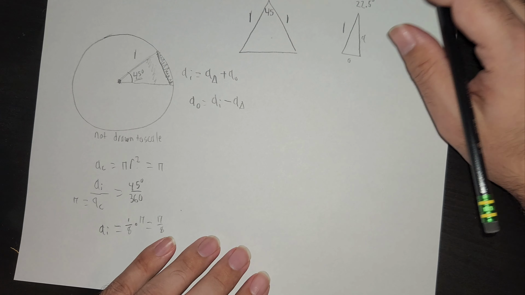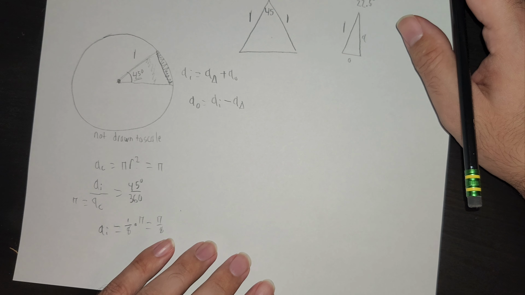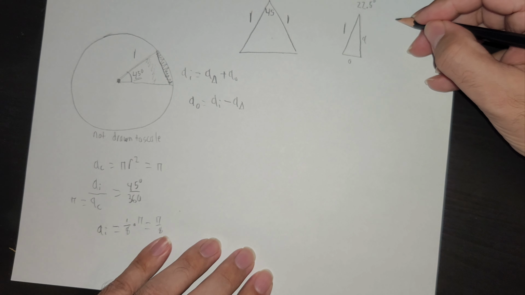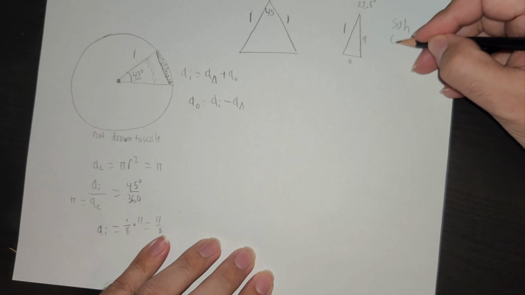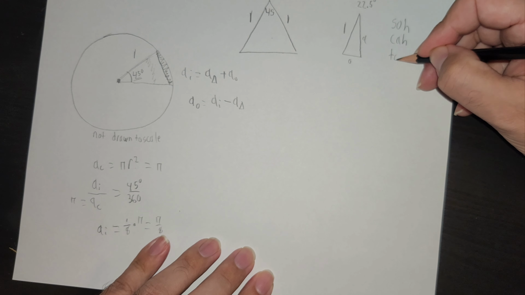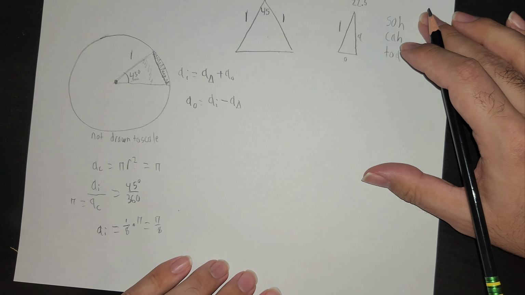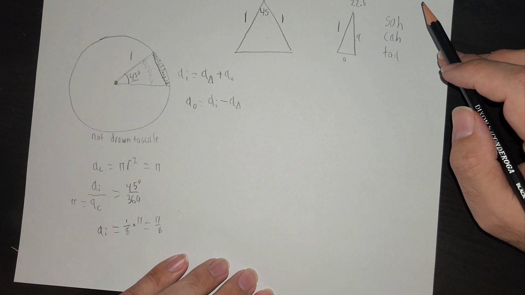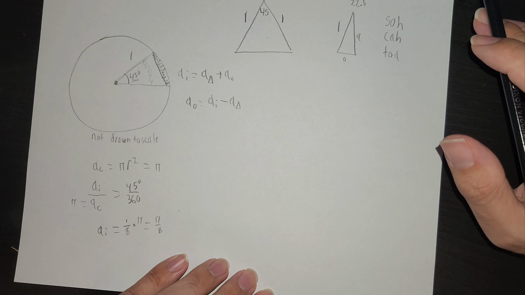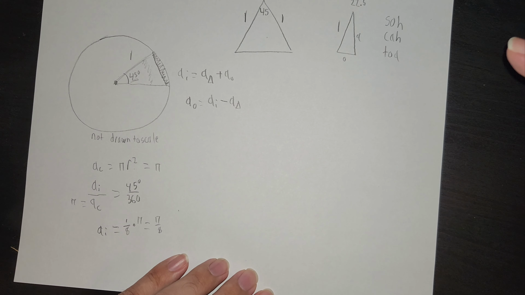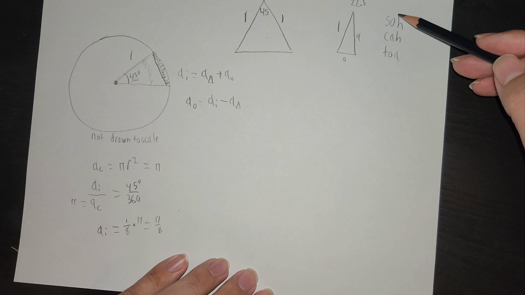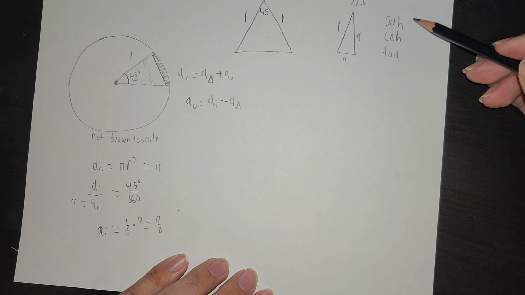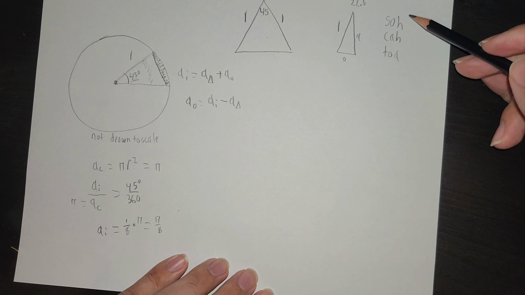But we actually have a shortcut around that if you're comfortable at all with trigonometry. So sine and cosine are equal to the ratio of the opposite or the adjacent to the hypotenuse.